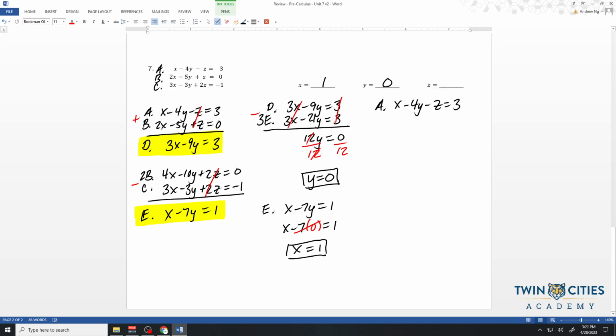And I now know that y is 0 and x is 1. So let's plug those in. This will be 1 minus 4 times 0 minus z. This is equal to 3.